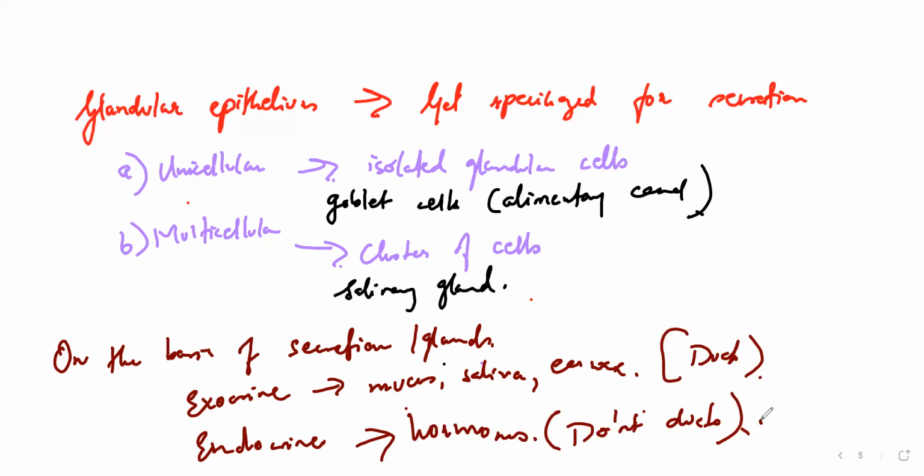Now the second one is the compound epithelial tissue. Compound epithelial tissue is made of more than one layer of cells.